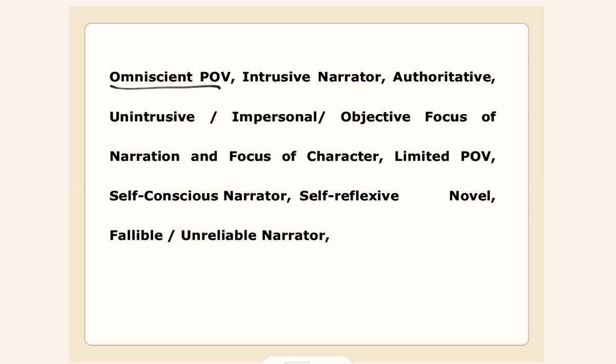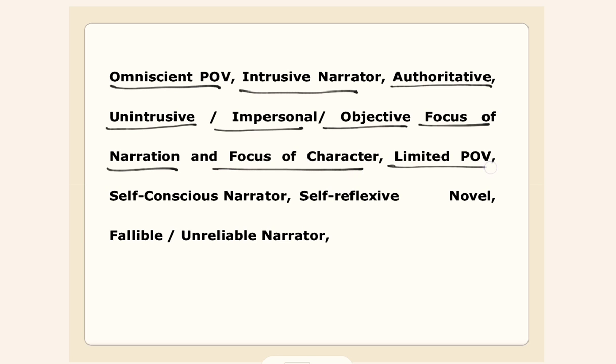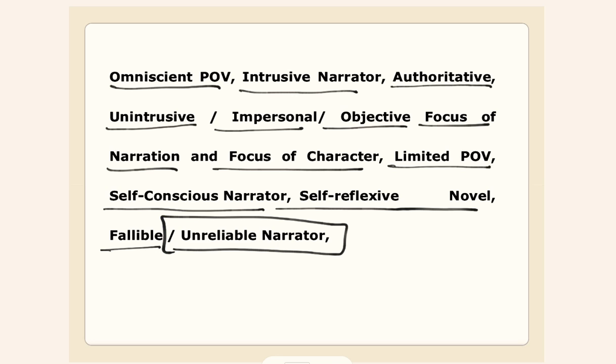And omniscient point of view narrator, intrusive narrator, authoritative narrator, unintrusive narrator, impersonal or objective narrator, focus of narration, focus of character, limited point of view, self conscious narrator, self reflexive novel, fallible or unreliable narrator. We cannot trust the narrator, that is known as unreliable narrator. These are all the narrators we can find in different fictions or novels. So we will discuss all these terms in our separate video.